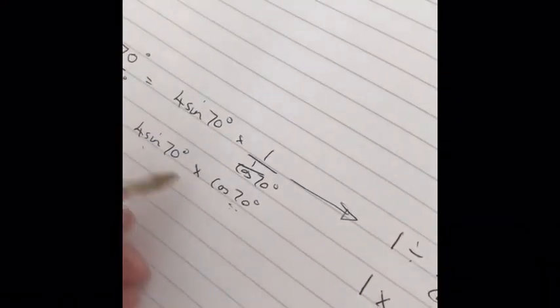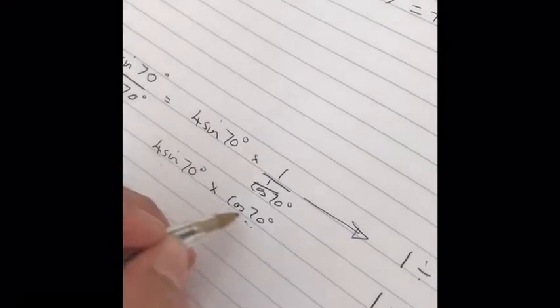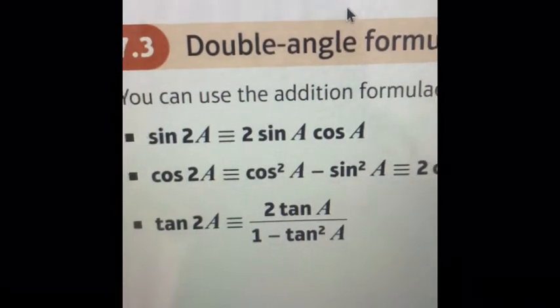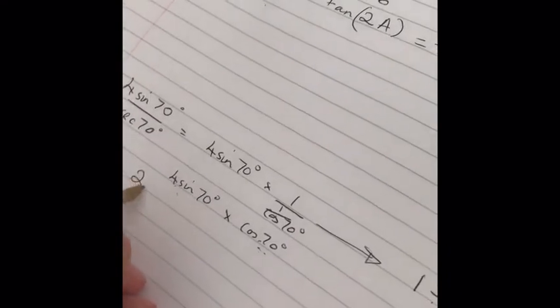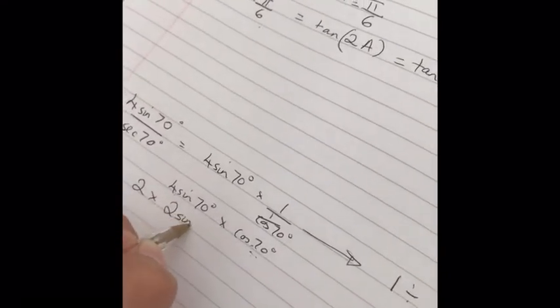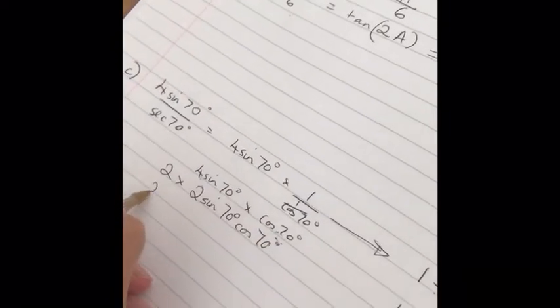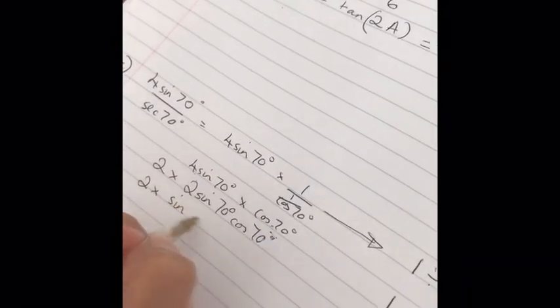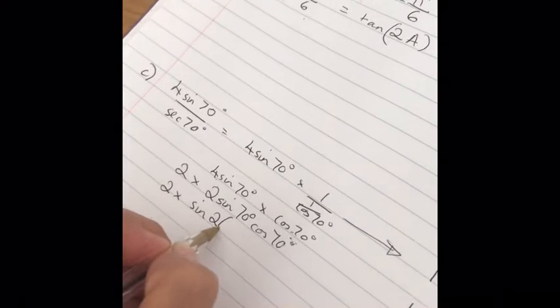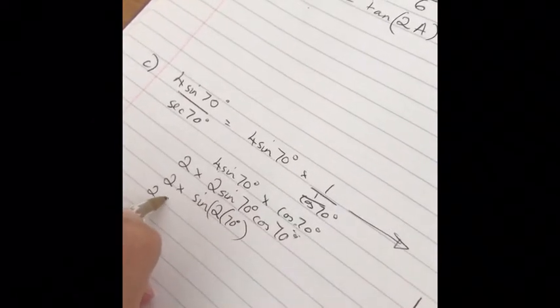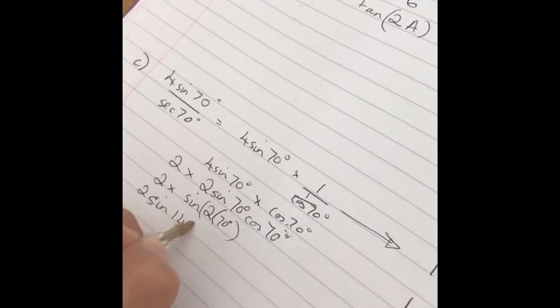Again, this looks really similar to a double angle formula. It's got a sine times a cos. So here, sine times a cos, where you've got the same angles, is that top one there, sine 2A is 2 sine A cos A. Okay, so here, if I rewrite this as 2 times 2 sine 70 cos 70, that is 2 times sine of 2A, which is 2 times 70, which is 2 times sine of 140 degrees.